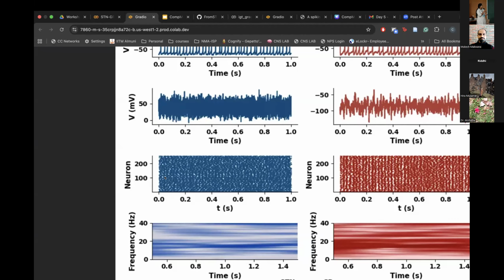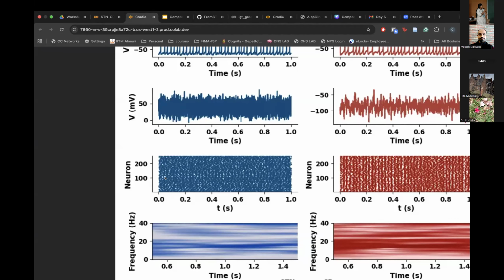Under the PD condition, you will see this bursting. And can you see the LFP activity is also different now? In the previous one, the LFP activity was seen very randomly, whereas here it's very periodic, very synchronized. Even in the raster scan, you see neurons firing together in clusters. I can only see cluster firing here. Can you guys observe that?